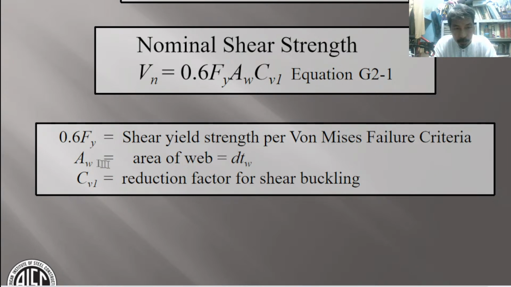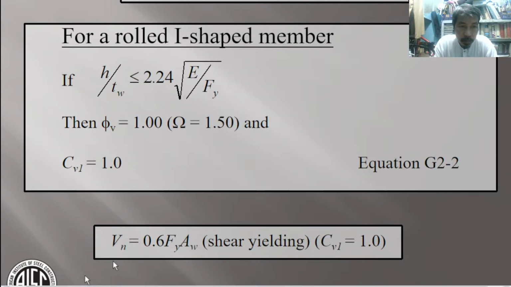Okay, so Aw, that is the area of web. Cv1, that is the reduction factor for shear buckling. Okay. So for, again, those without tension field action, for a rolled I-shaped member, if h over tw is less than 2.24 square root of E over Fy, then phi shear is equal to 1.